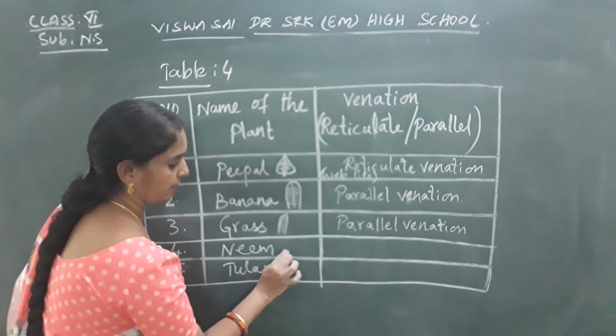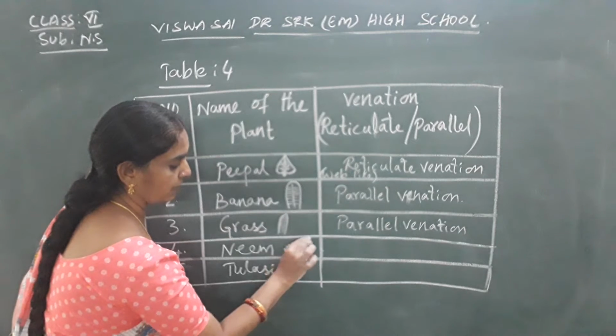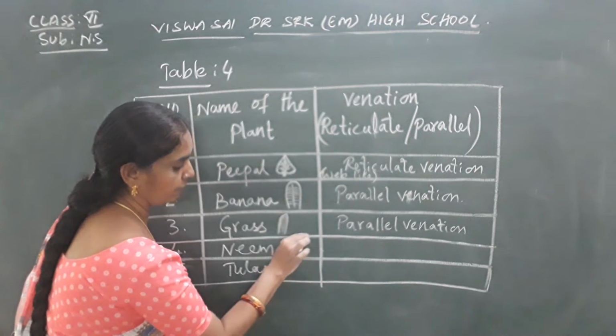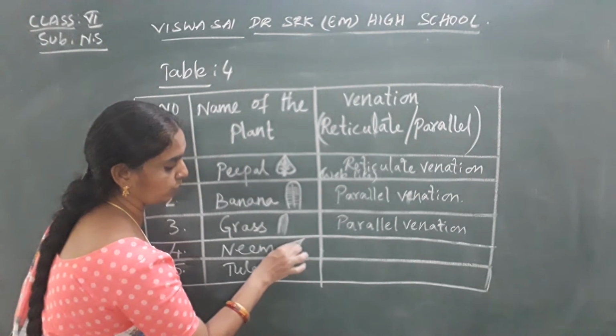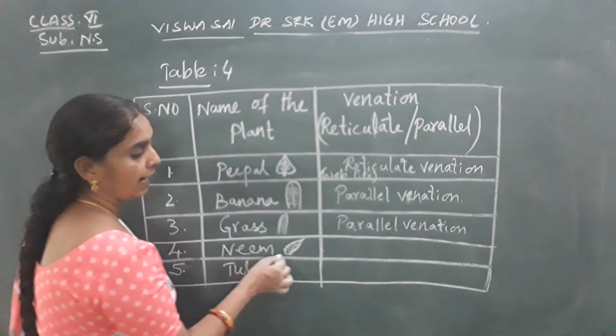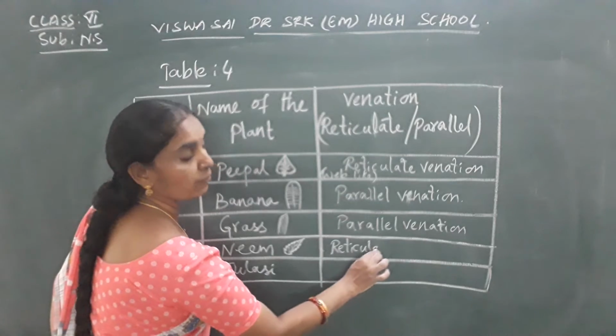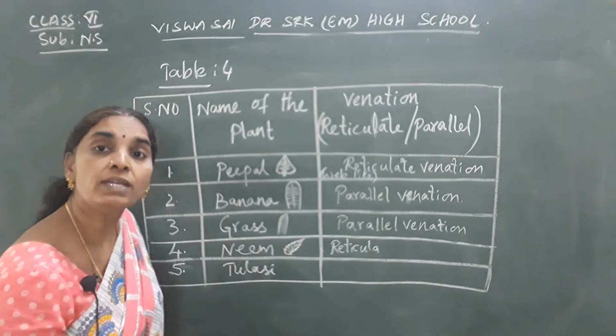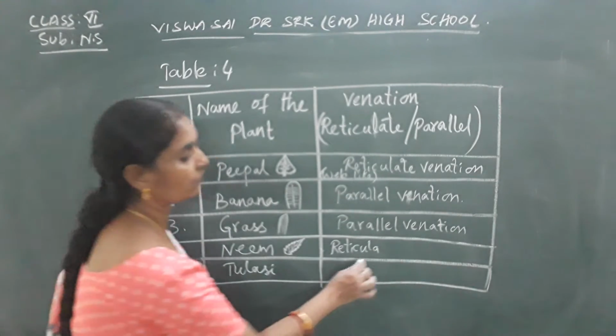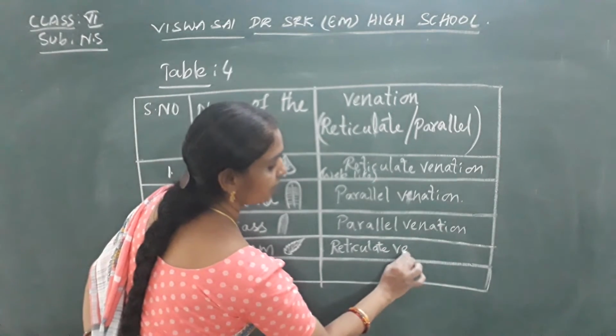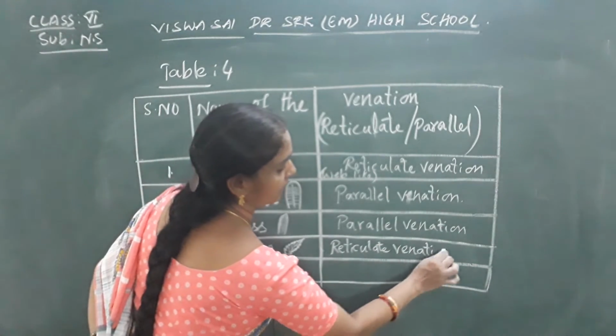Next, neem leaf. I have already shown you the neem leaf is elongated with toothed or serrated edges, and it shows reticulate venation. Which type of venation is seen in the neem leaf? You can see reticulate venation in the neem leaf.